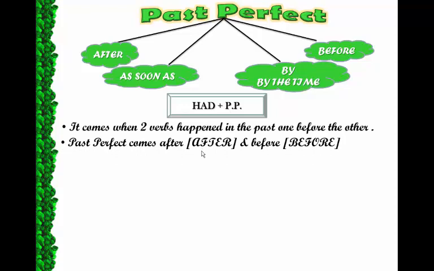The past perfect comes after the word after and before the word before. With the rhyme you can get it easily. After and before, you put had plus PP. You use the past perfect.